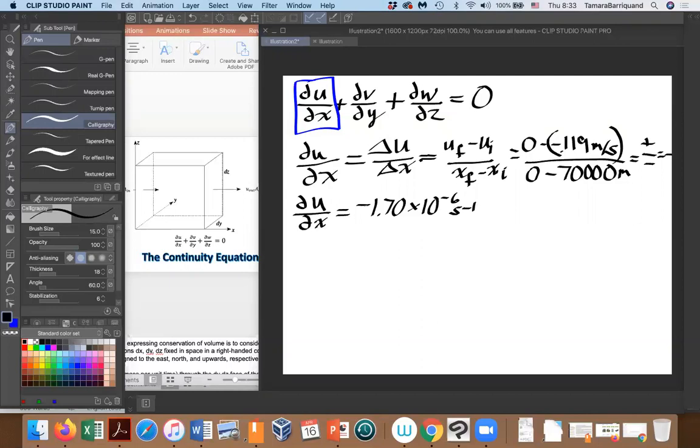All right, so let's think about this negative. I just talked about this. So right here, we have a negative. This is telling us that in our case, if we look at what's going on with our current, it's starting over here somewhere, and it's going 0.119 meters per second.